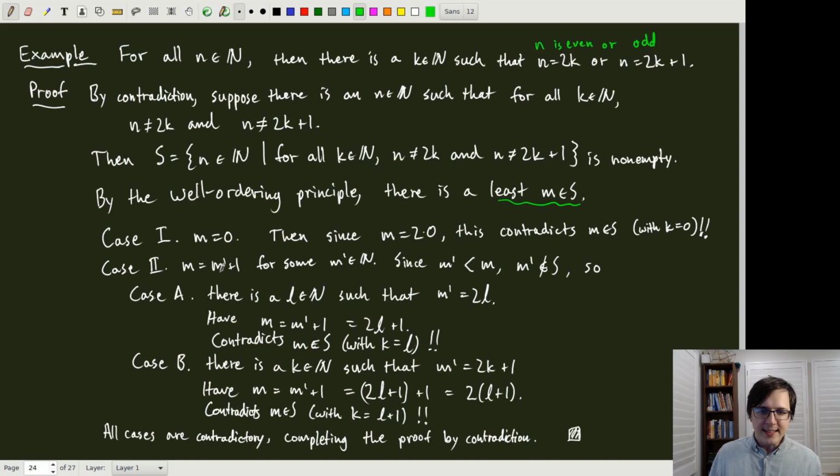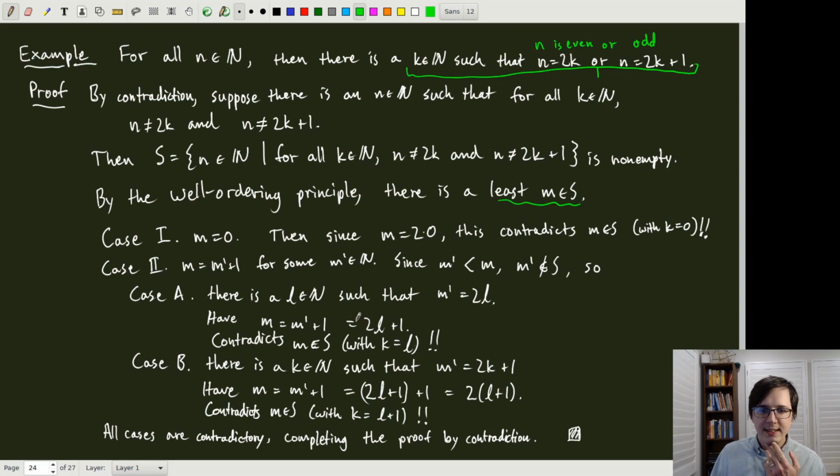If it's the successor of some number M prime, then since M prime is less than M and M was least, that means that M prime is not an element of S. So let's consider two cases from M prime not being in S, and it's the or right here that we're going to split on.